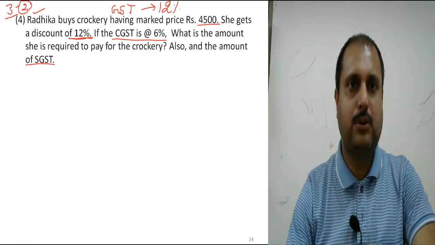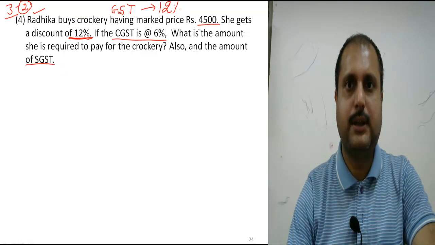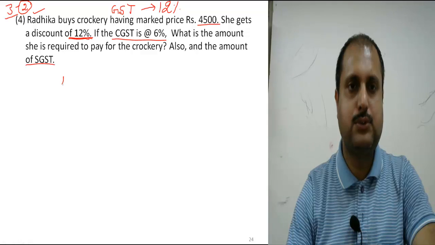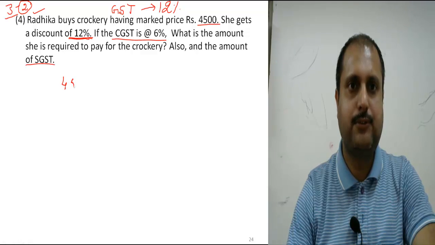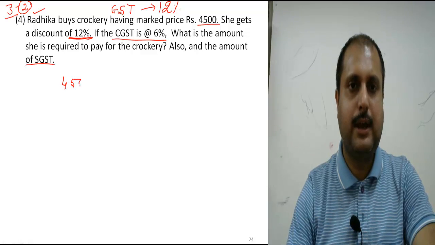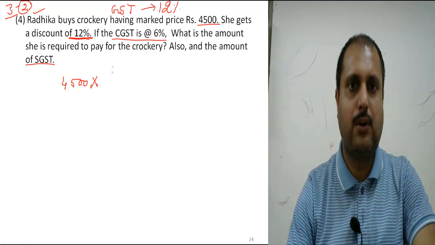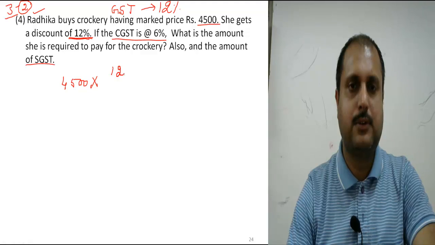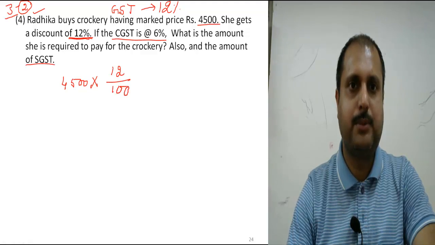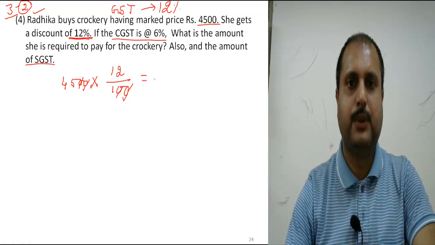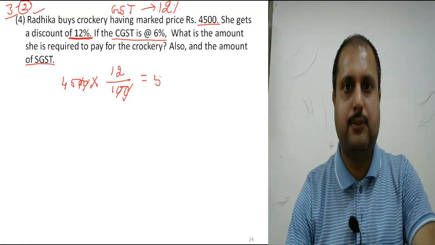Now it is talking about the discount of 12% and the amount is 4,500. The discount she is getting is 12%, so 12 divided by 100. These two zeros will be cancelled, and 45 into 12 equals 540.